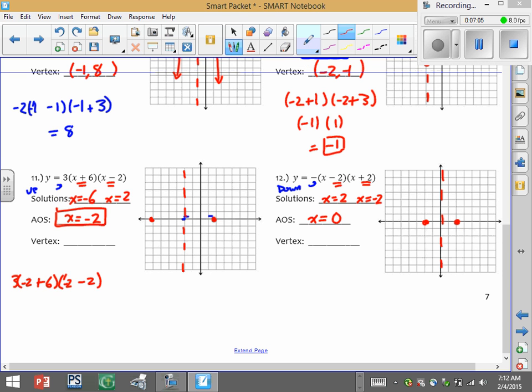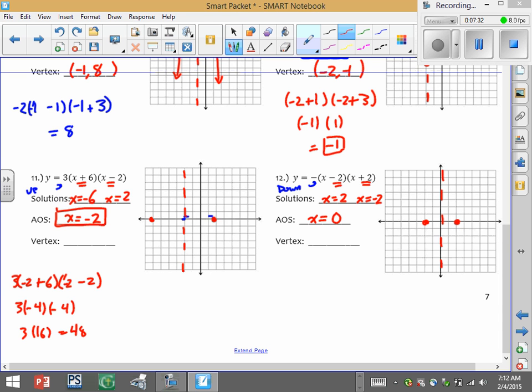Again, you could type that into the calculator just like you see there, and it'll take care of the rest for you. Or you could do it by hand. So we have 3, -2 plus 6, -4. -2 minus 2 is another -4. So we end up with 3 times -4 times -4 is 16, which is 48.